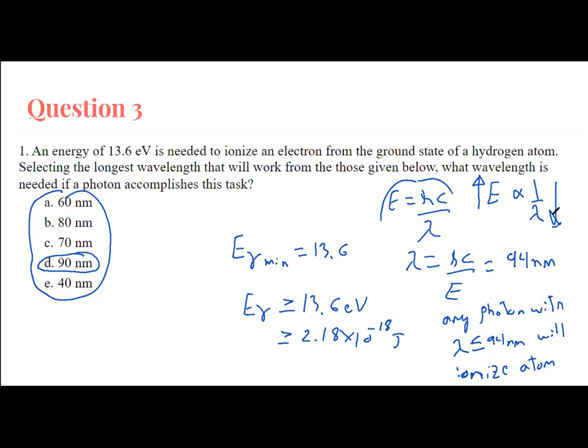You need at least 13.6 electron volts of energy to ionize. Any photon that has more than that, like 20 electron volts, will have a shorter wavelength than 94 nanometers. Oh, okay, I understand now. Thank you. No worries.